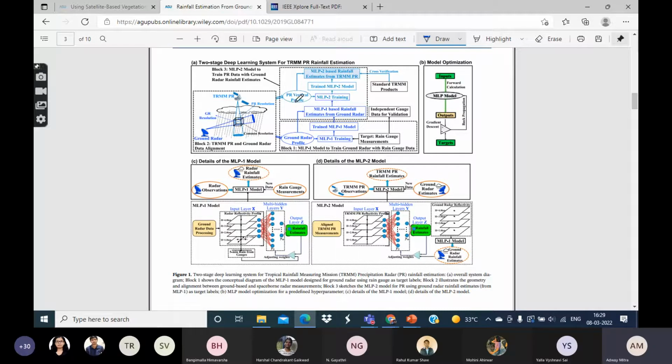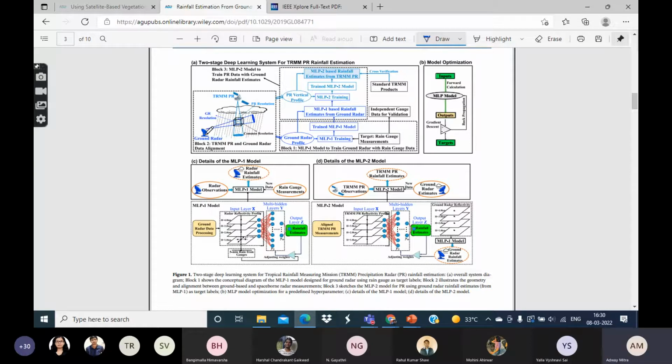So what is the input? The input is this vertical profile imagery. And what are the outputs? What they have done is that the MLP1-based rainfall estimates, which they have already trained from the ground radar, are the output labels.